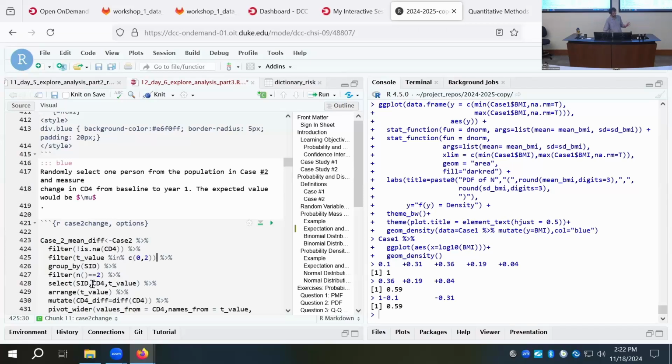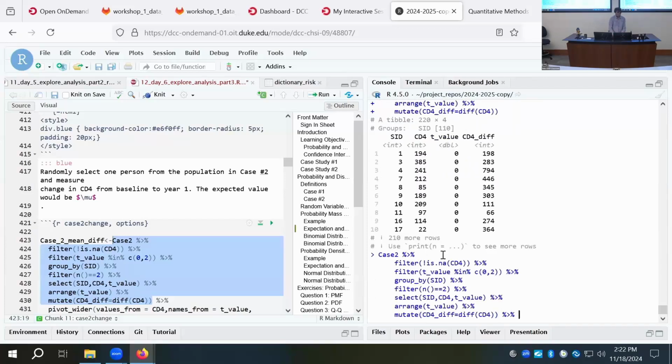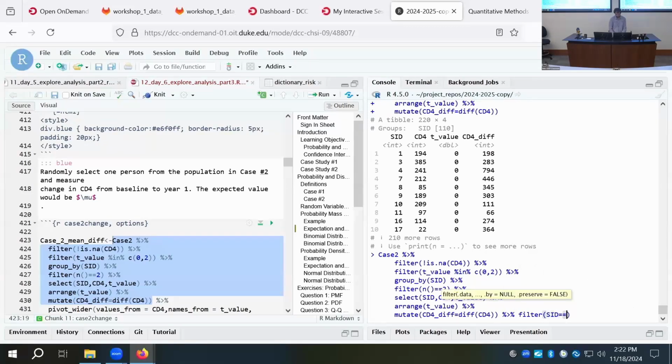Select the variables of interest. I'm going to arrange by t-value, and then take the difference, right? So I'm going to show what this looks like real quick. So we can see, all right, and then I'm going to slice filter where study is 1.